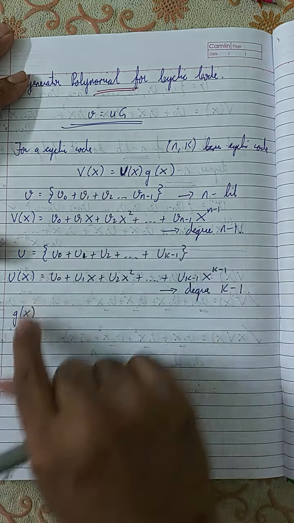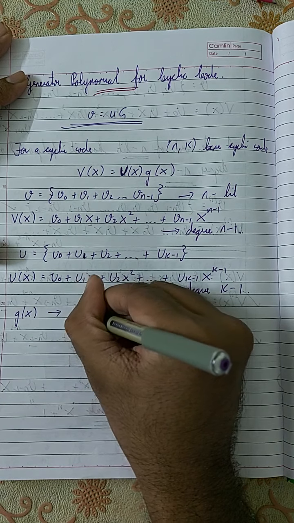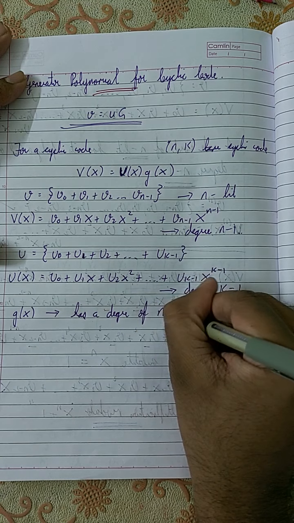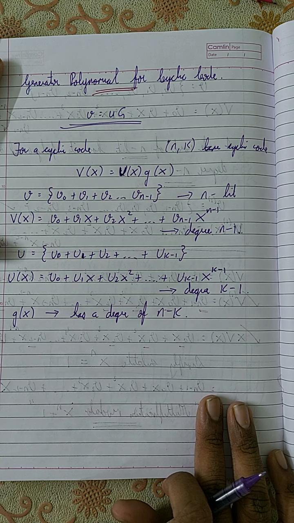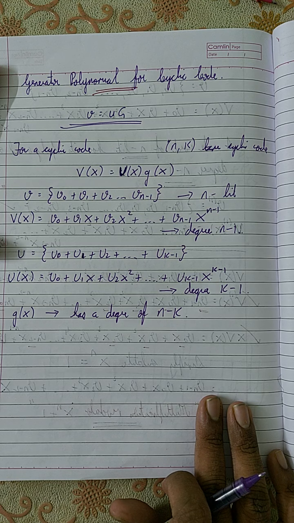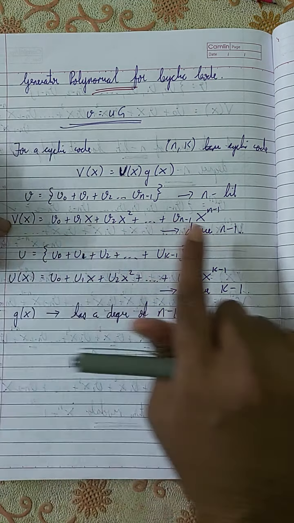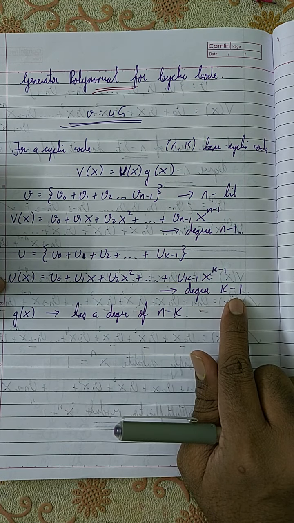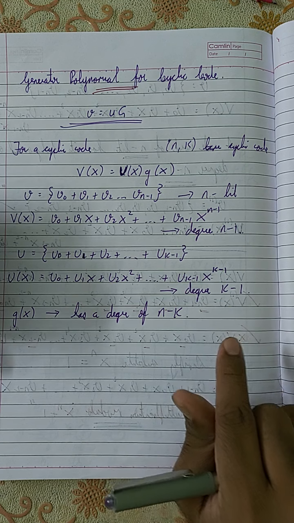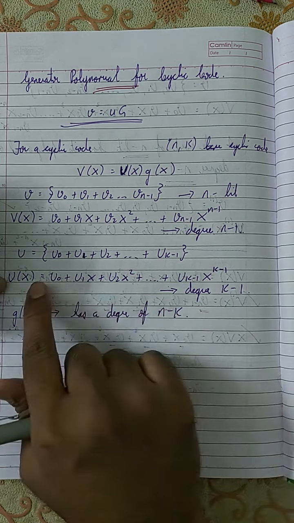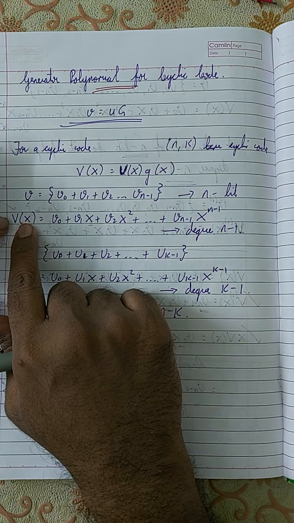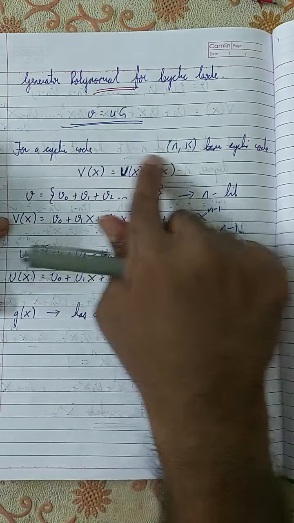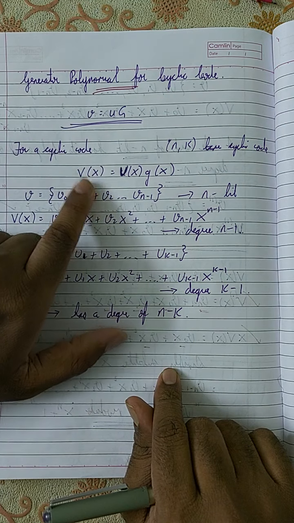That is only possible if g(x) has a degree of n-k. So g(x) has a degree of n-k, because if you want V(x) to have a degree of n-1, and we know that the degree of U(x) is k-1, then you have to multiply a polynomial of degree n-k with U(x), so that you get V(x) of degree n-1. That's the only way this equation can be satisfied.